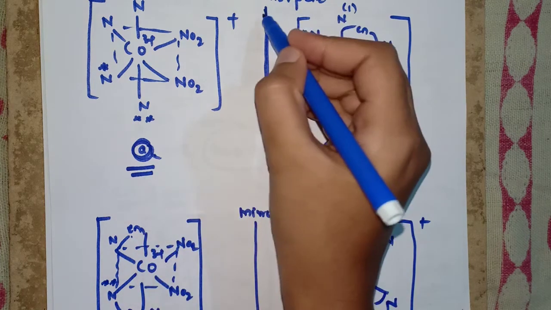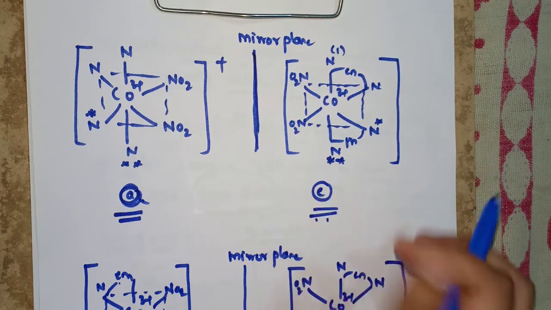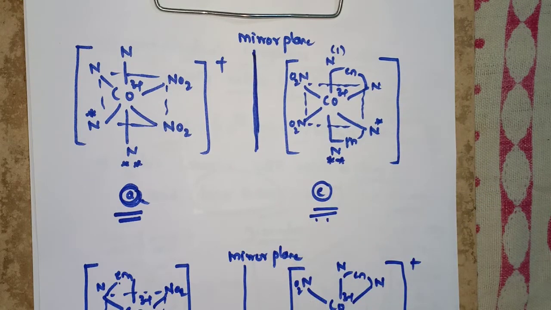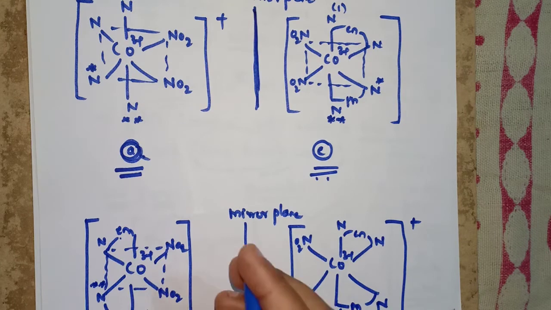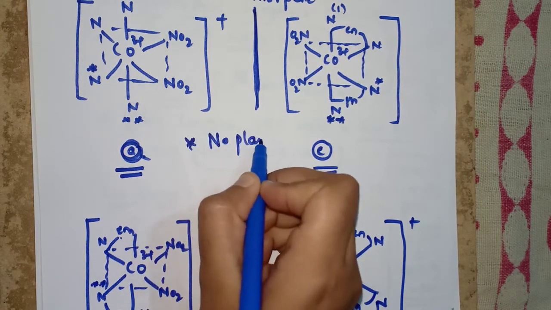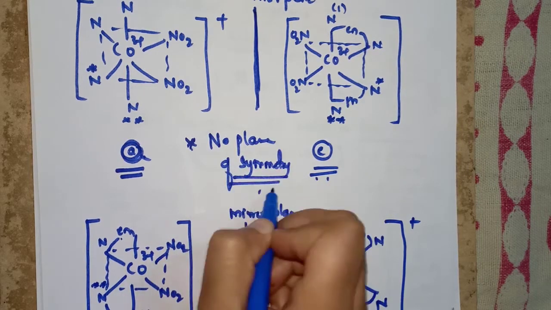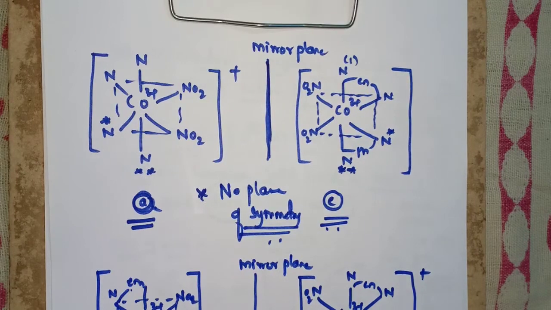When this cis form is placed in front of a mirror plane, it gives a mirror image. So these are optically active. That means they have no plane of symmetry. If you cut the molecule into two equal halves, one part is not the mirror image of the other part.